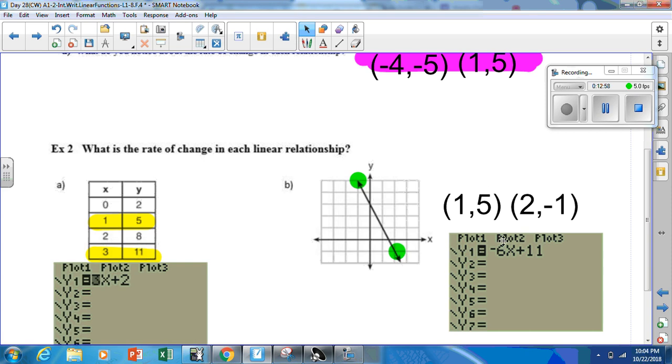Okay, what do we see? We see here my rate of change is 3, but here my rate of change is -6. What has a bigger rate of change? Well, in order of magnitude, we have to go with 6. But it is negative. That means we're going from left to right in a downward position and not upward.